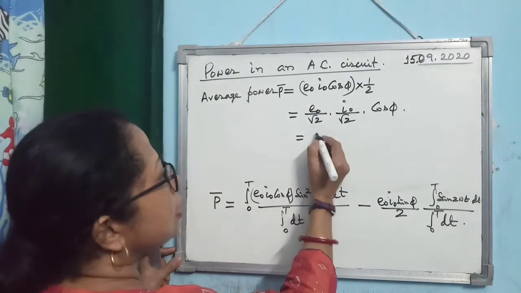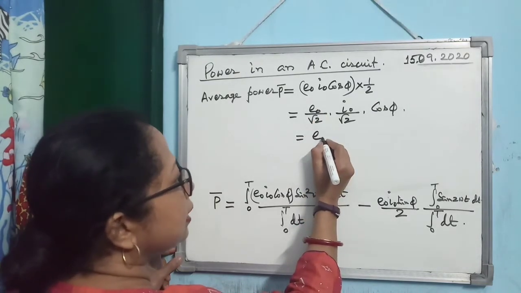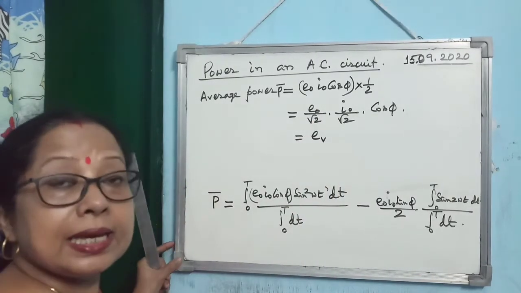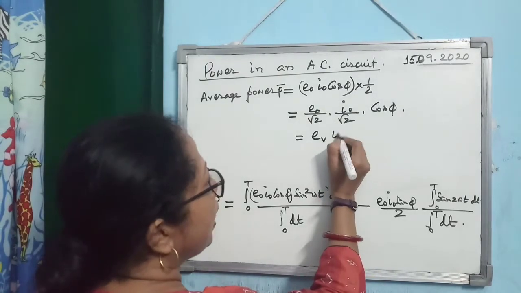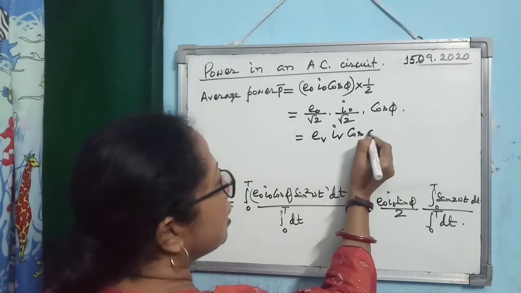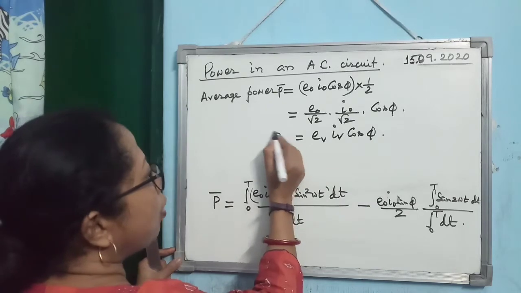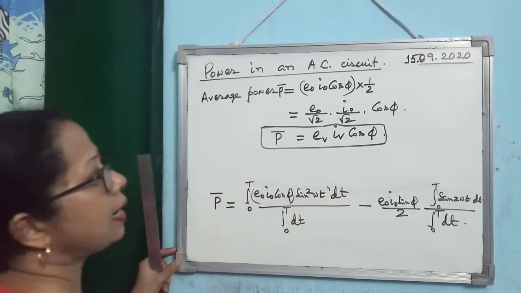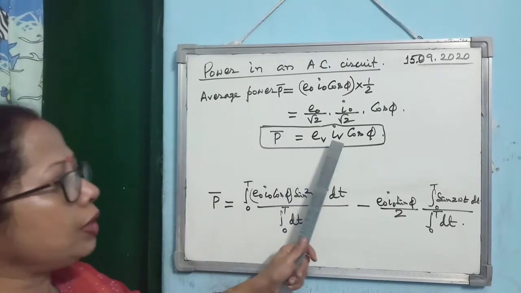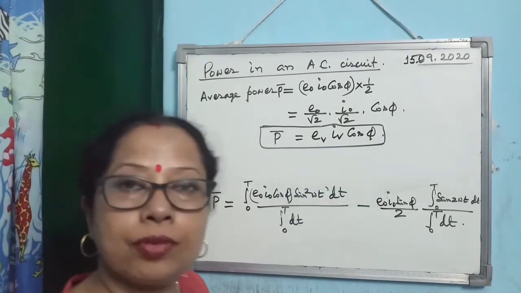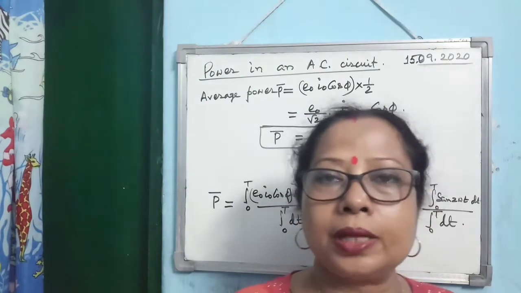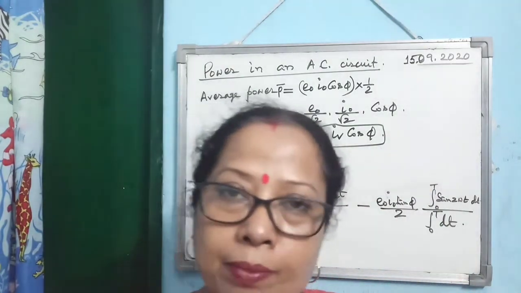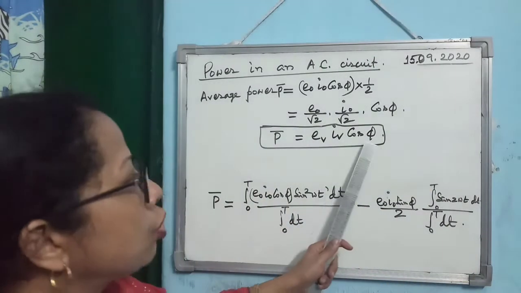Because E0 by root 2 is nothing but EV or ERMS, and I0 by root 2 is IV. So the average power of an alternating current circuit is given by EV IV cos phi, where EV is the RMS value of the EMF and IV is the RMS value of the current.